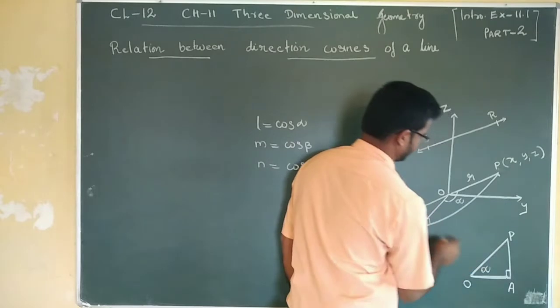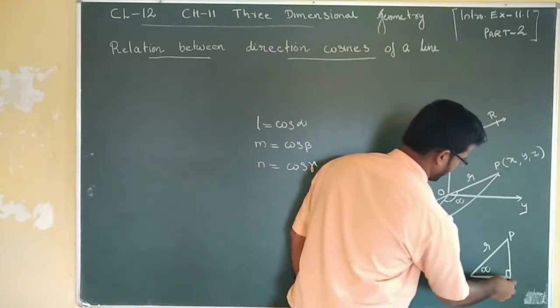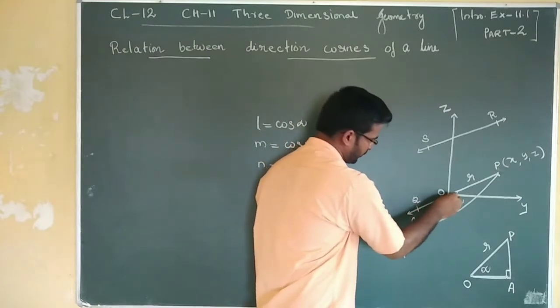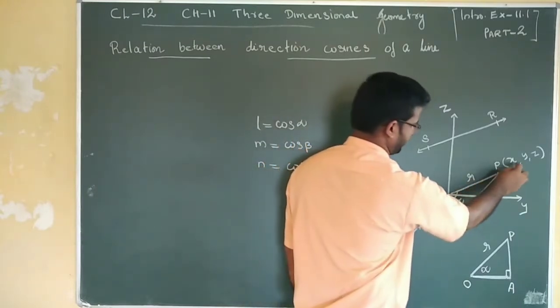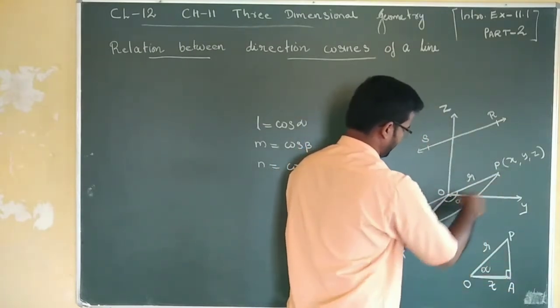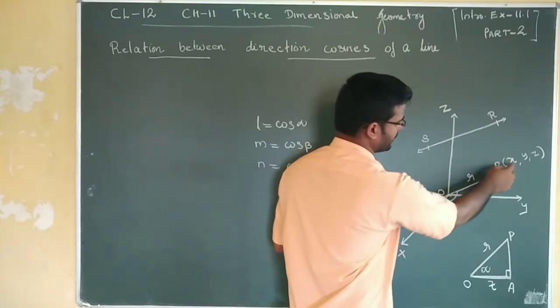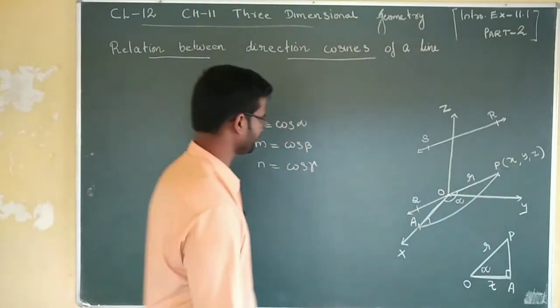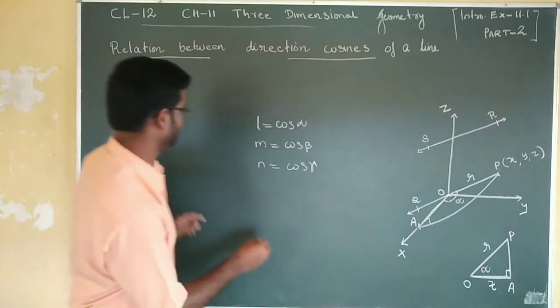The length OP is small r. OA is x, the first coordinate, because AP is perpendicular. Now from here we can find cos alpha.